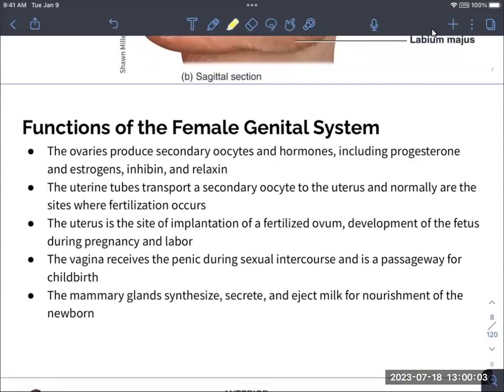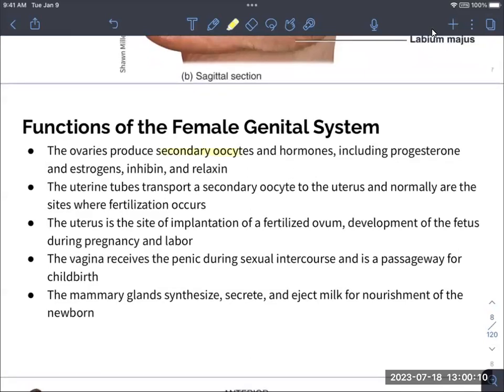So the female genital system is going to produce secondary oocytes and hormones like progesterone, estrogens, inhibin, and relaxin. Those uterine tubes are going to transport that secondary oocyte down to the uterus.